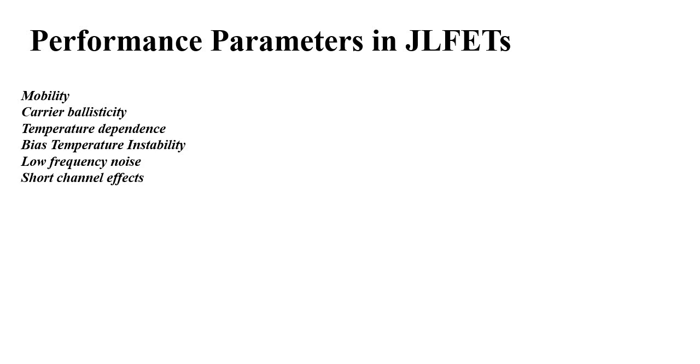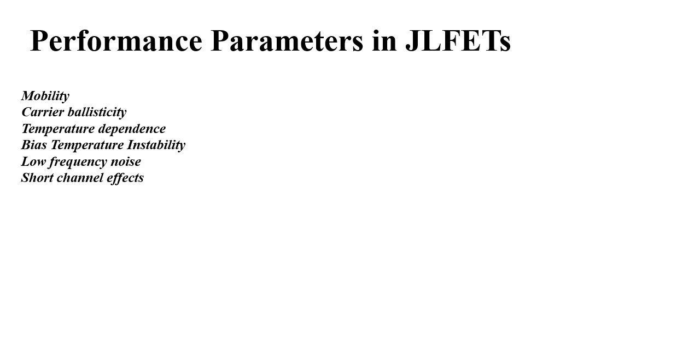Next is temperature dependence. Now again here we will consider that when the junctionless FETs are performing at higher temperatures, the mobility will degrade, because mobility basically comprises surface scattering mobility, phonon mobility, and roughness mobility.